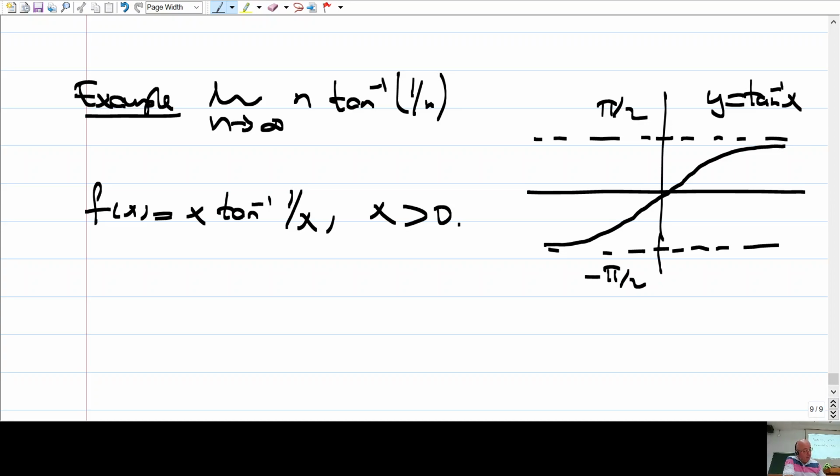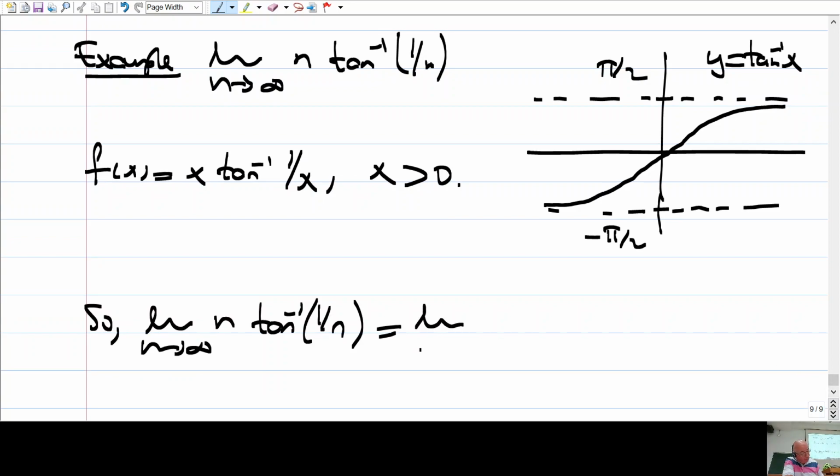Nevertheless, we can do the following. I can write the limit as n goes to infinity of n times tangent inverse of 1 over n. If it exists, it should be this limit as x goes to infinity.